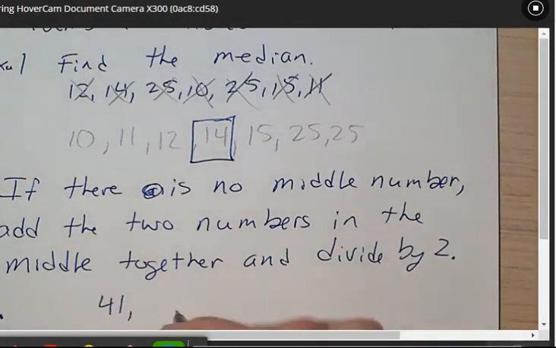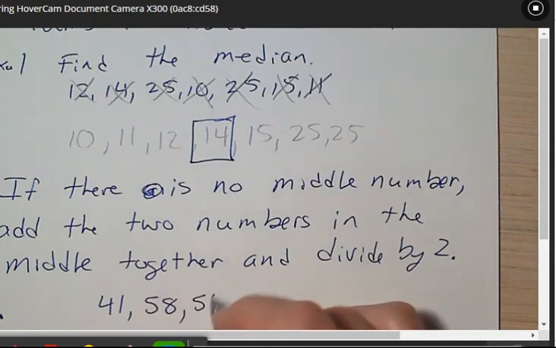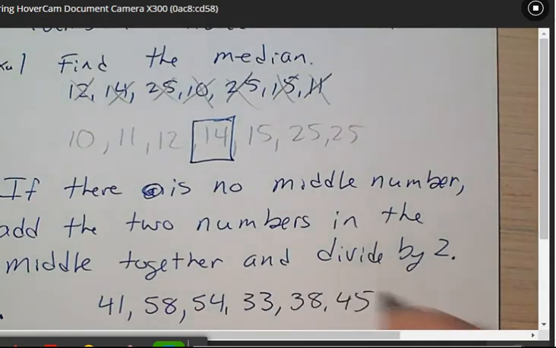Okay, so let's give you one of those. So we've got 41, 58, 54, 33, 38, and 45.